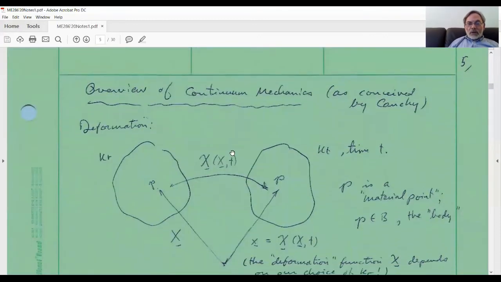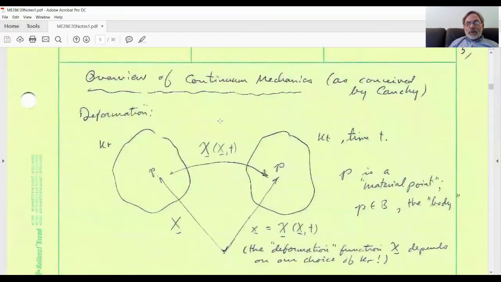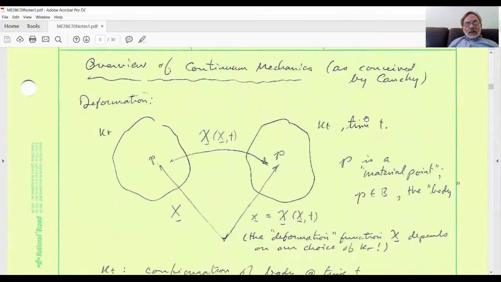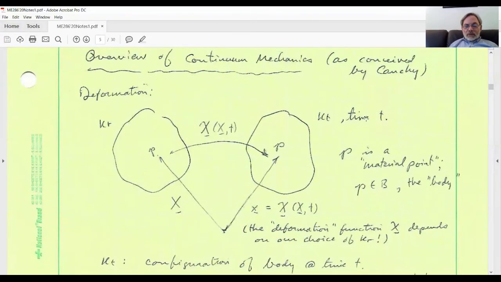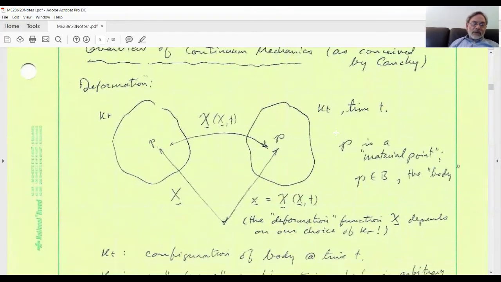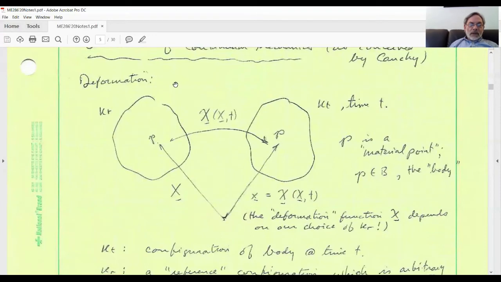Okay, we are at the point here of beginning a rapid review of basic continuum mechanics. Again, I'm hoping this is review because a prerequisite for the course is the first course in continuum mechanics. So we'll discuss standard continuum mechanics as conceived by Cauchy and his contemporaries. We start with kinematics, which has nothing specifically to do with Cauchy's perspective, but nevertheless.